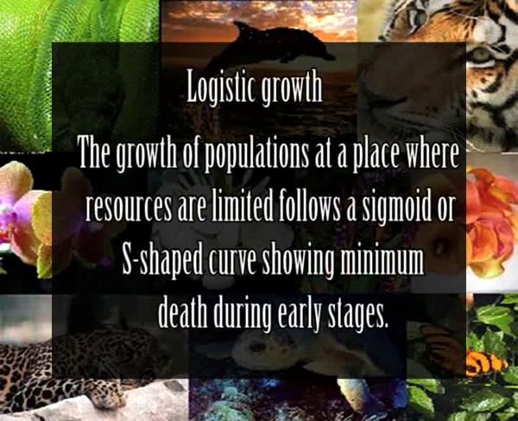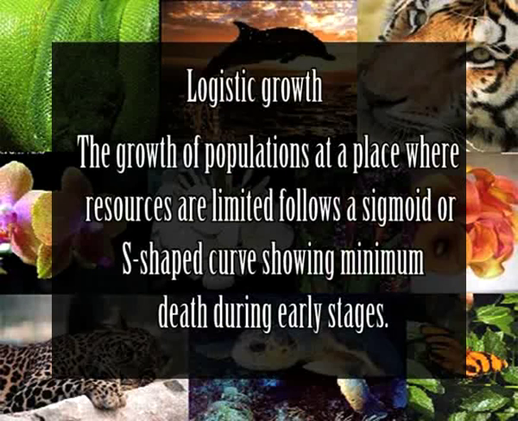But it is possible for natural populations to grow at exponential rates for relatively short periods of time in the presence of abundant resources. Now, the third type of growth model is the logistic growth model.